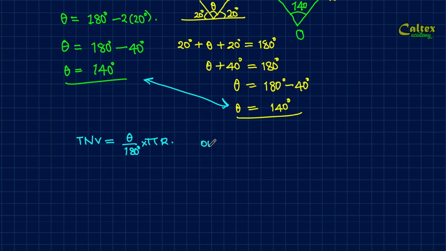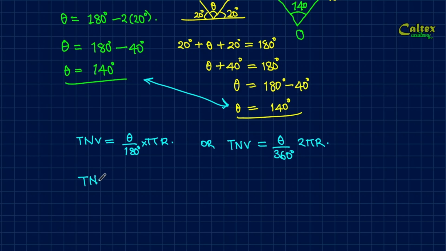Or if you wish, you can say TV is equivalent to theta over 360 degrees times twice pi R. This is the simplified version of our first formula.